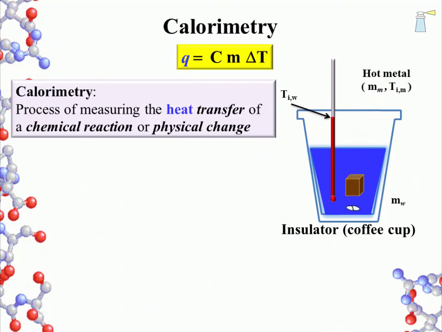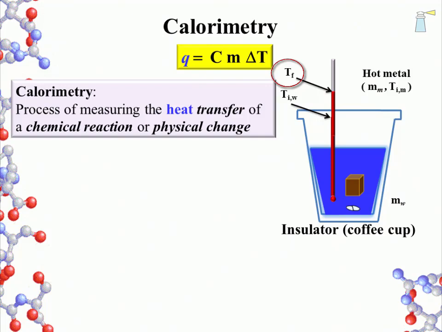Once the metal has submerged, it begins transferring some of its heat to the water, and the water starts to heat up. Eventually, the water and the metal become the same temperature. That is the final temperature, TF of the experiment.